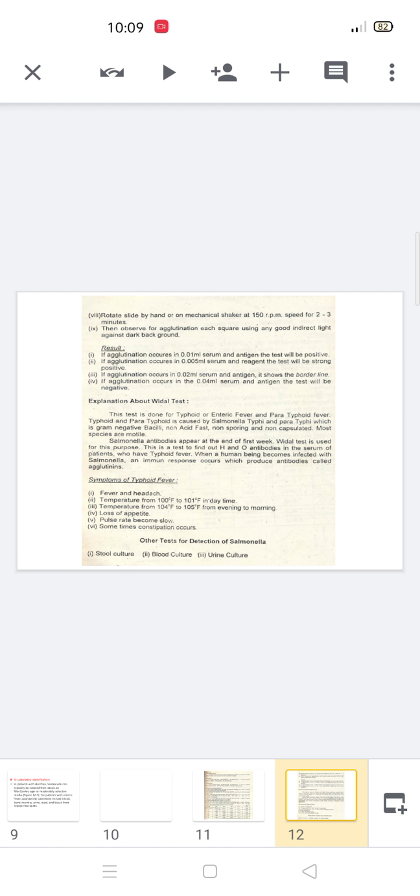But in the Vidal test, we only confirm the typhoid fever by the serological test, which we discussed with you. But you can say by microscopy, using the specimen stool microscopy, then culturing, then at last the serological procedure that ended in the PCR and in ELISA.